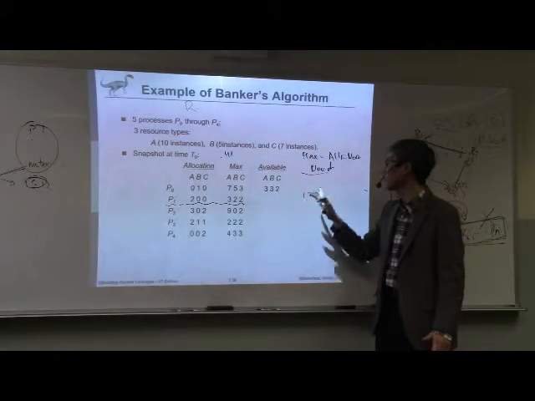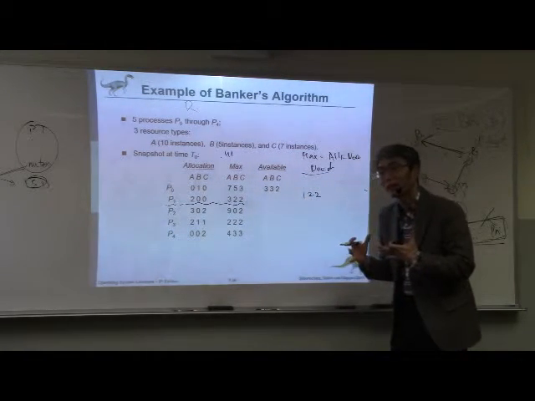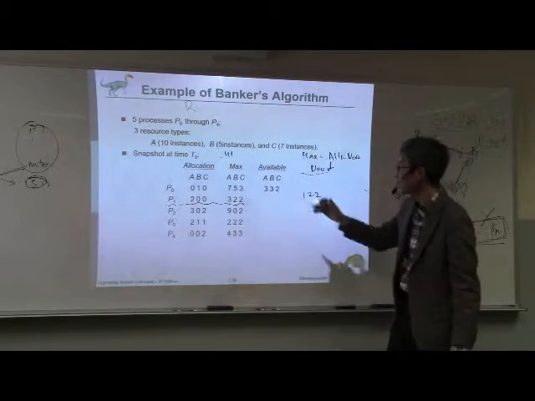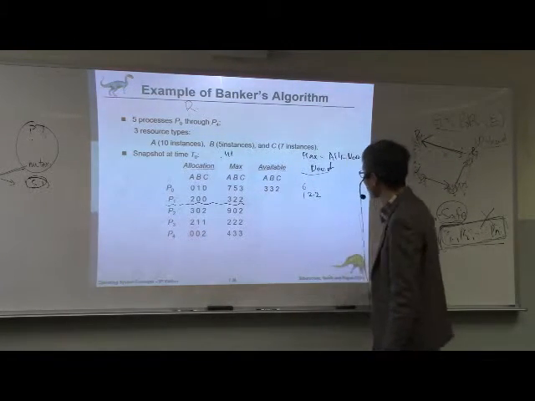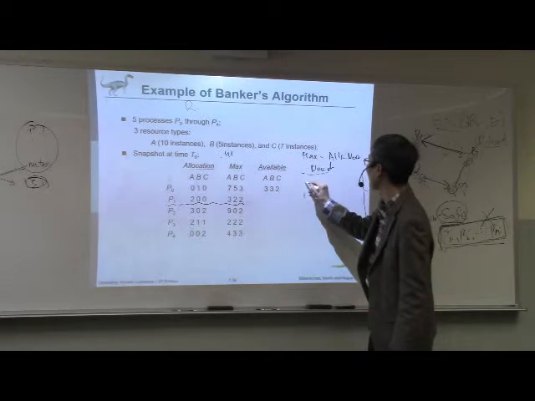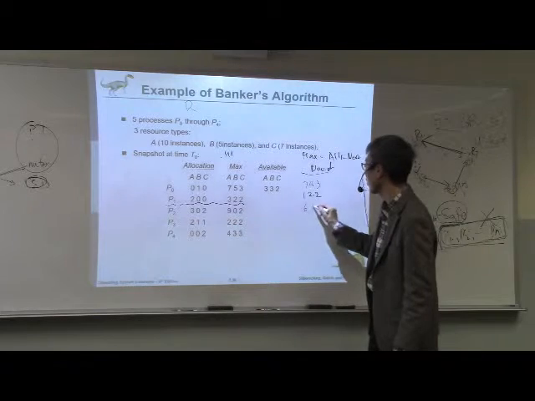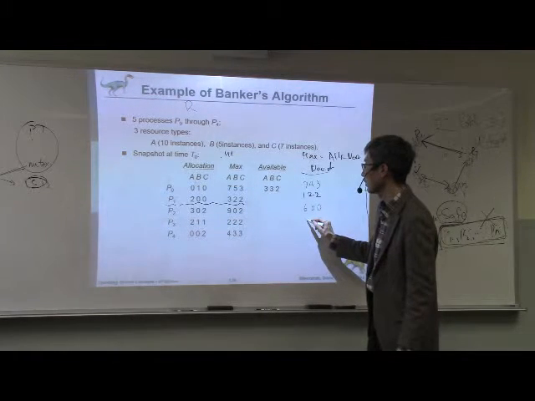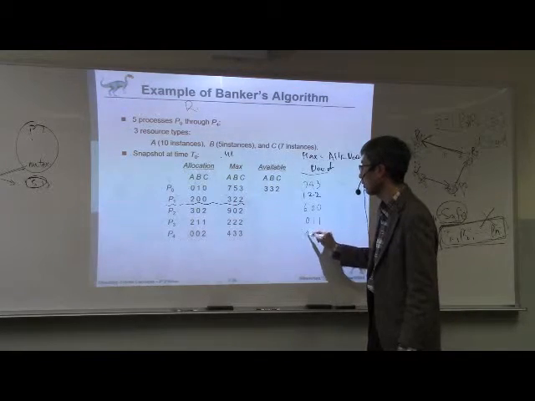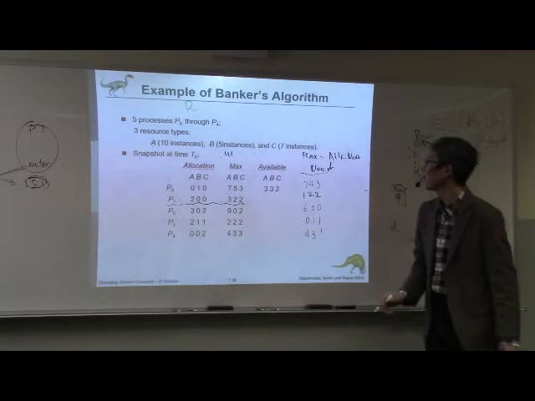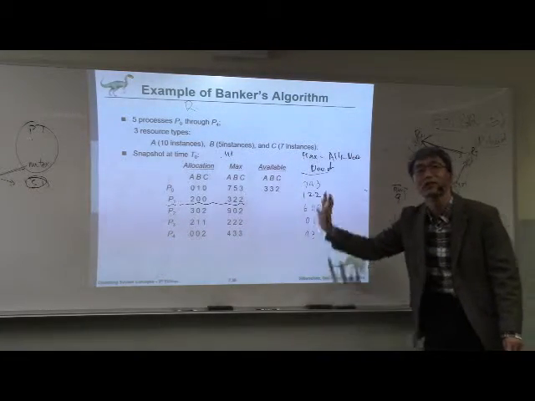So 1 more A, 2 more B, and 2 more C are needed to terminate it. Similarly, we can calculate 7, 4, 3. This one, 6, 0, 0. This one, 0, 1, 1. The last one, 4, 3, 1. These are needed to terminate each process.